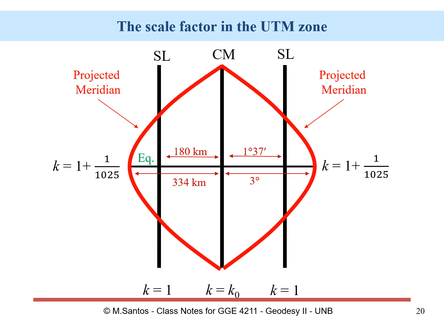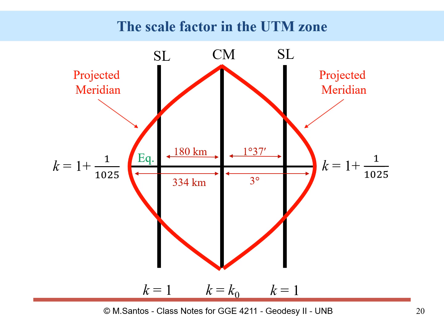Along the central meridian, the scale factor equals 0.996. Along the second lines, the scale factor equals 1.